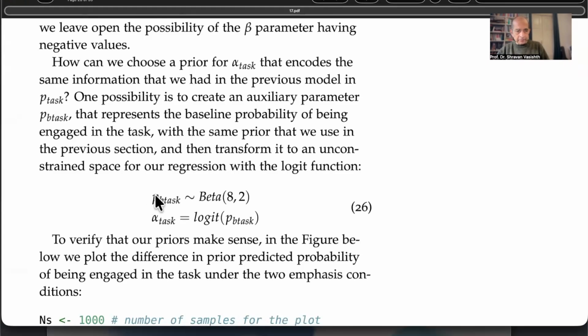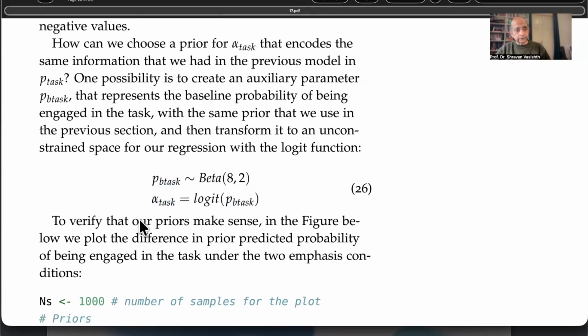So you define a prior on the probability of task engagement as a beta(8,2), and then pass it through the logit function, which in R would be the qlogis function, to get in log odds space a prior for alpha task. Okay.